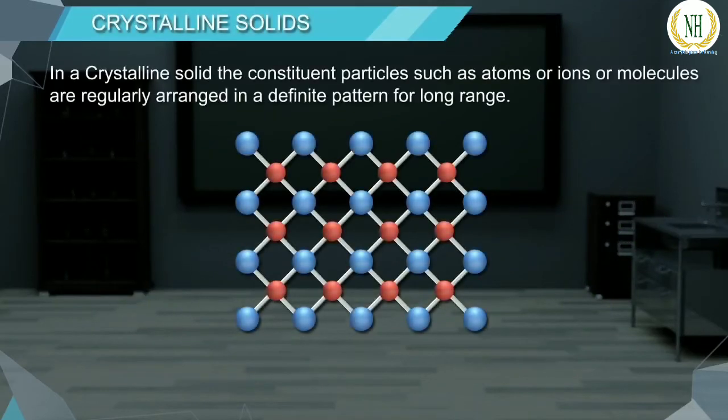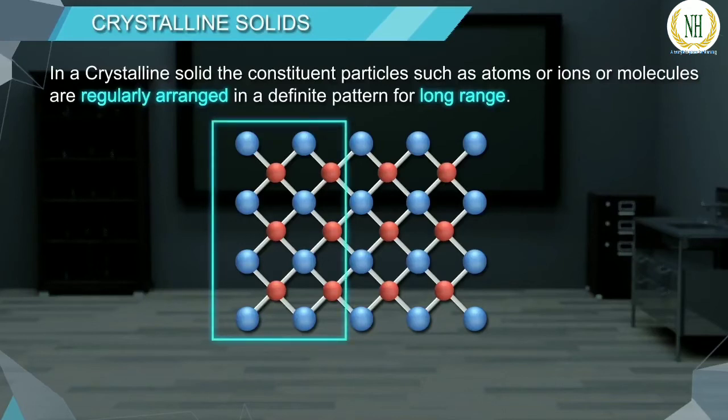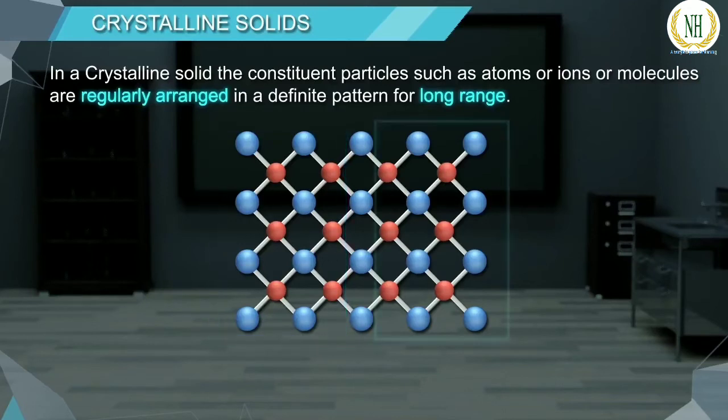In a crystalline solid, the constituent particles such as atoms, ions, or molecules are regularly arranged in a definite pattern over a long range. Here, the arrangement is so regular that by just knowing the arrangement at any one site, we can very well predict the arrangement at other sites.